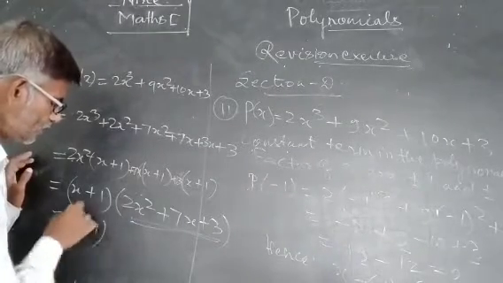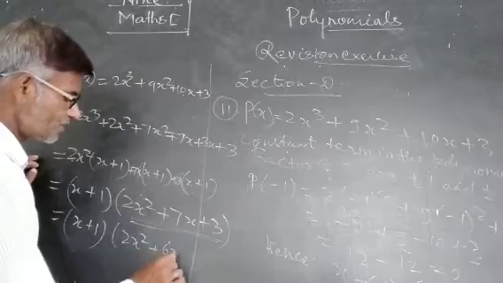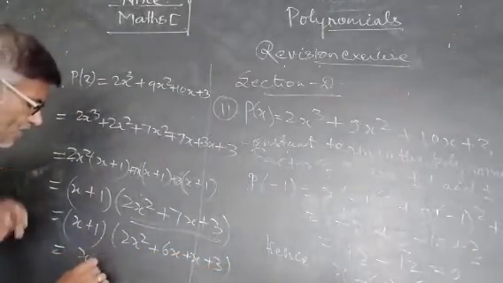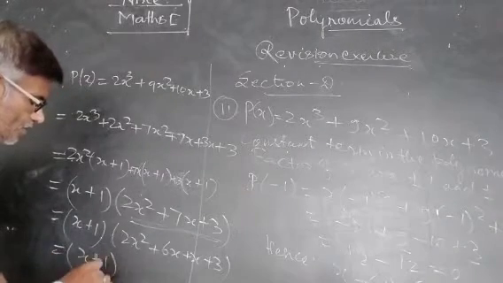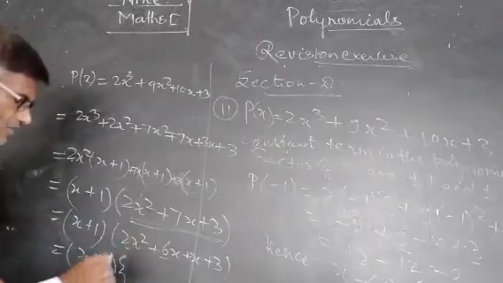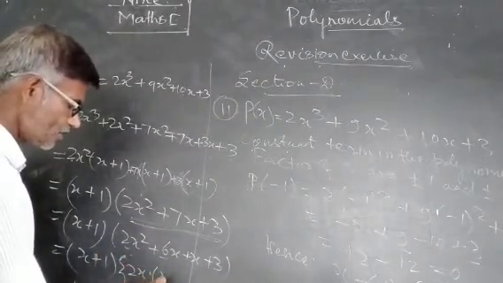x plus 1 times 2x squared plus 6x plus x plus 3. Next step, x plus 1. We take common from the first two terms and the last two terms. In the first two terms, we get common 2x.